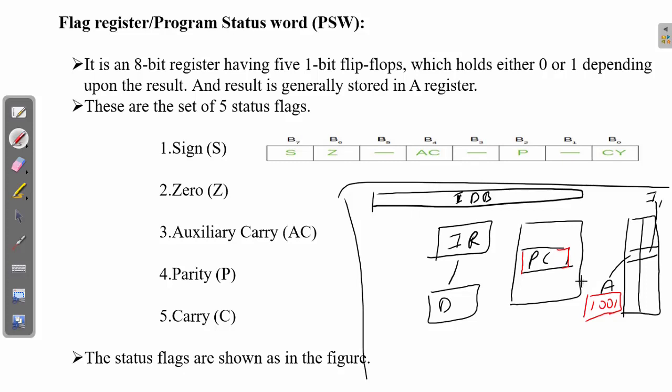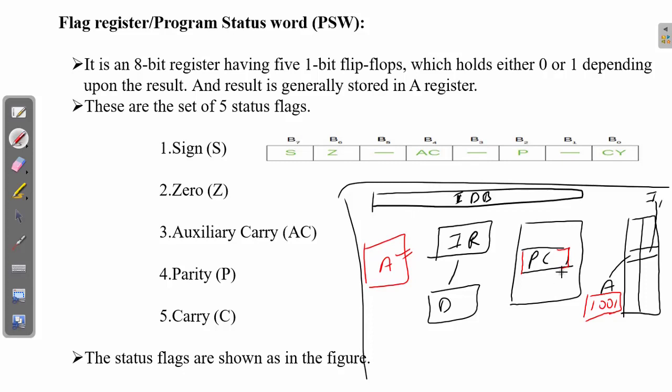See, 1001 is present inside, but can I say that 1001 is the address of the current execution? Suppose the ALU is performing some job, and 1001 is now loaded here. Can I say it is the address of the instruction which is getting processed? I cannot say that.